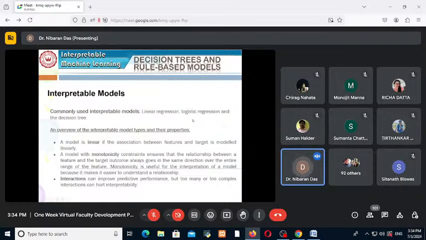Now here we'll discuss the interpretable models. First we will discuss linear regression, then logistic regression, then the decision tree. Later we will discuss model-agnostic approaches, both global and local.